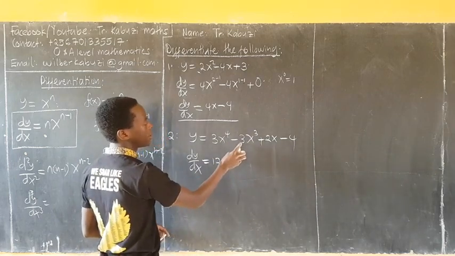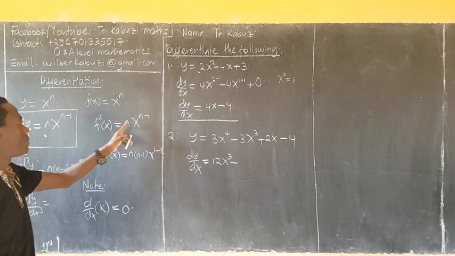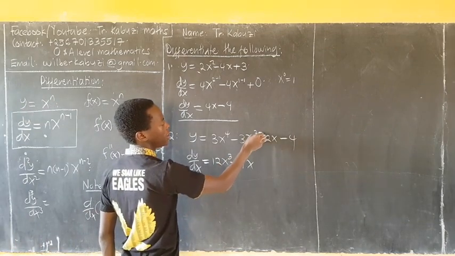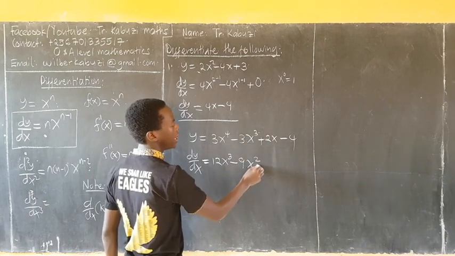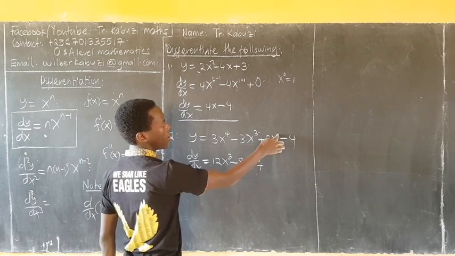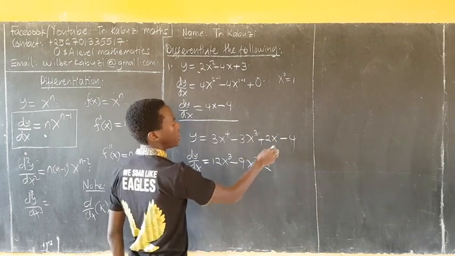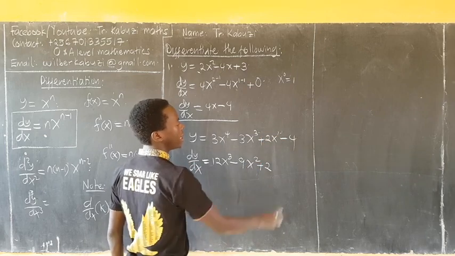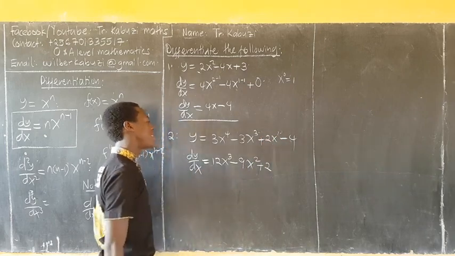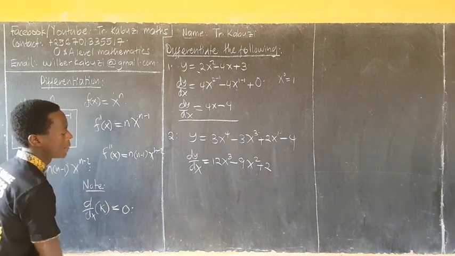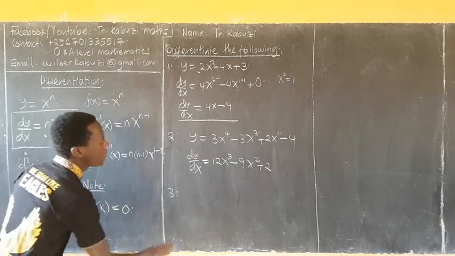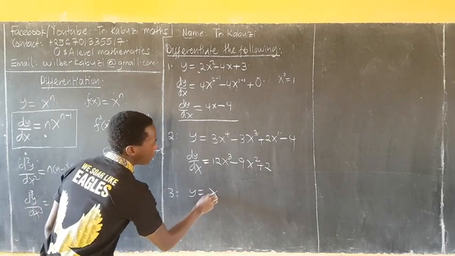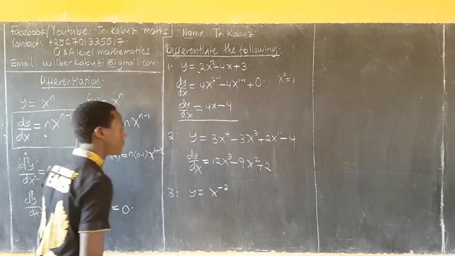Minus, you lower this power and multiply, so 3 times 3 gives negative 9, then reduce the power by 1, giving 2. Then plus, the power is 1, lower it, you get 2, and when you reduce it by 1, 1 minus 1 is 0, and x power 0 is 1. Then this is a constant, and when you differentiate, you get 0.